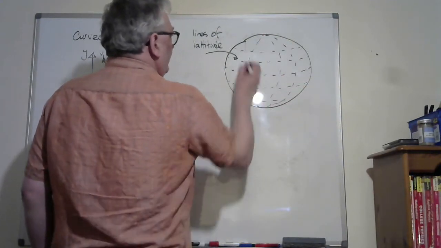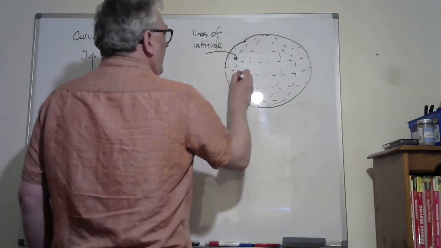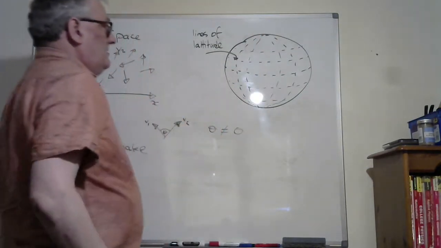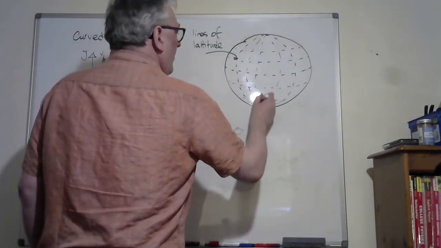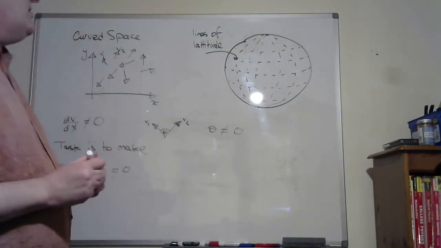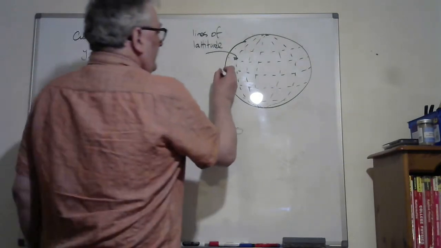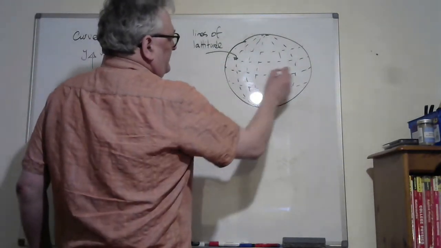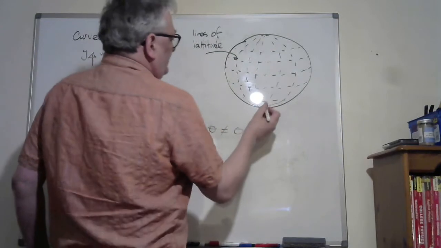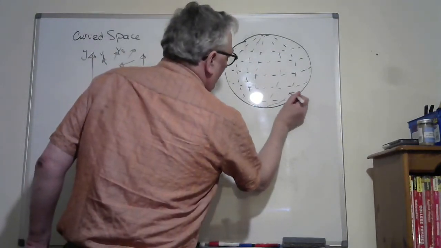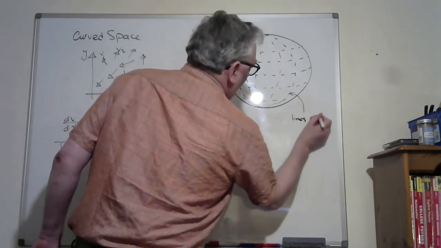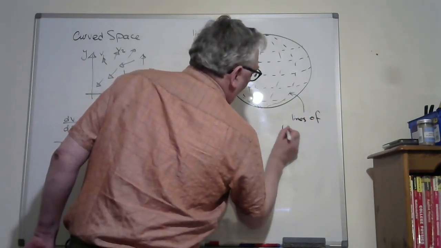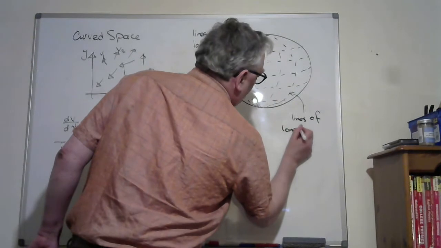I should have really done this in a different colour, but it doesn't matter. Right, let's put another one like that. Okay? Right, so the horizontal circular lines are lines of latitude. These are lines of longitude.